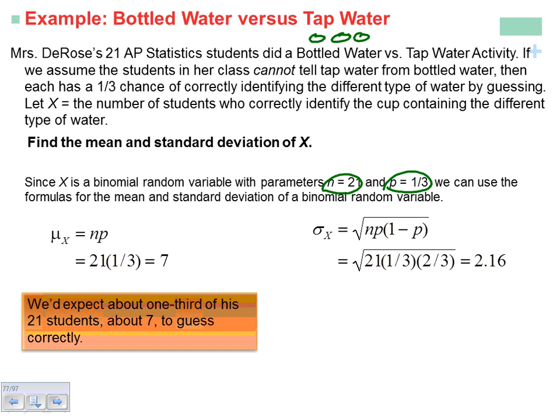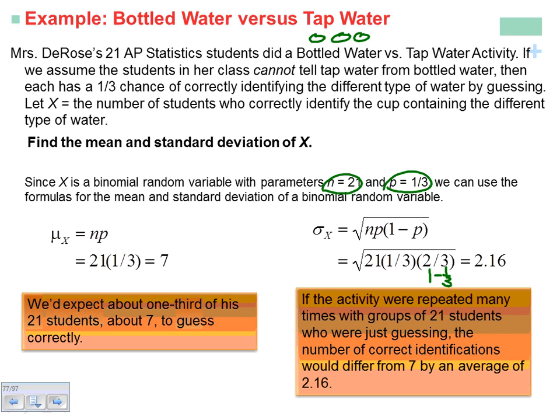The standard deviation is the square root of 21 times the probability of success, 1/3, times the probability of failure, 1 minus 1/3, or 2/3, which gives 2.16. So if the activity were repeated many times with groups of 21 students who were just guessing, the number of correct identifications would differ from 7 by an average of 2.16. You could also use that 68% rule that we've talked about.